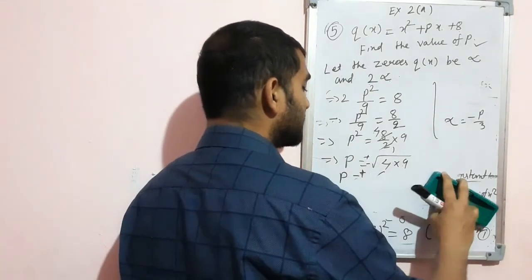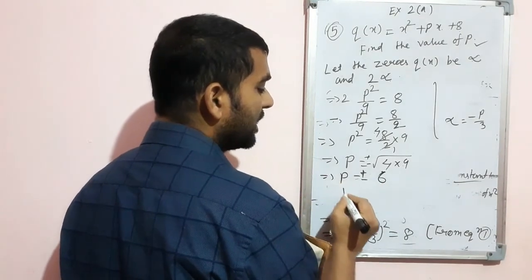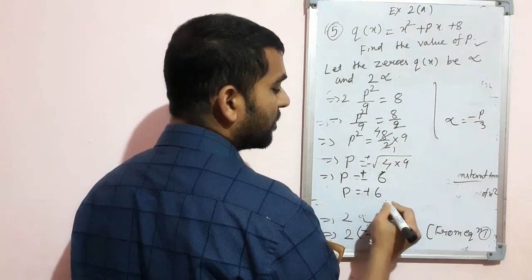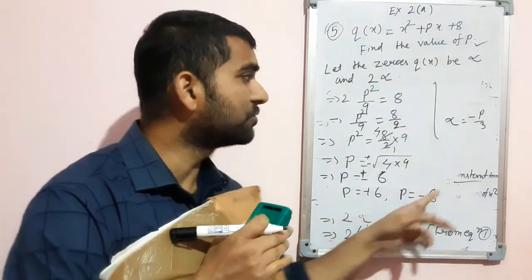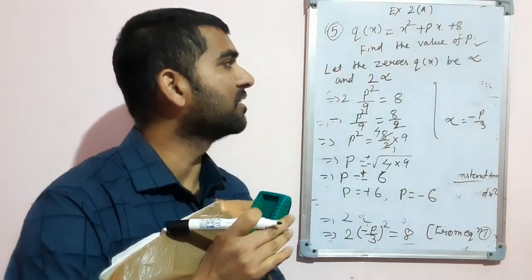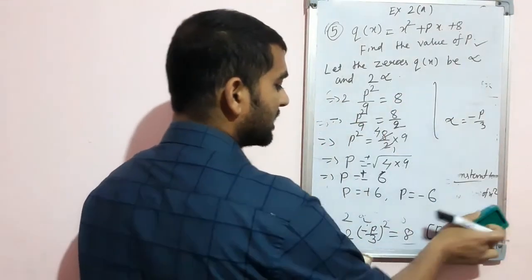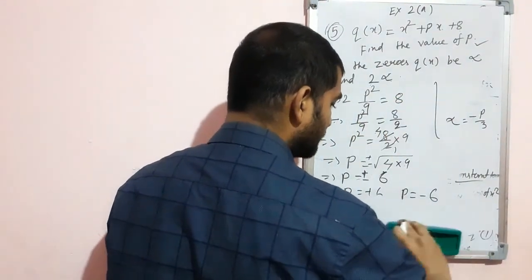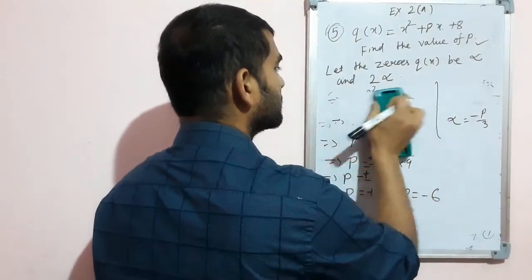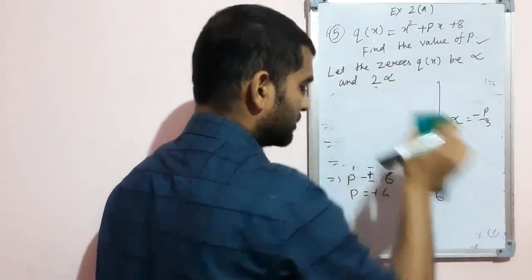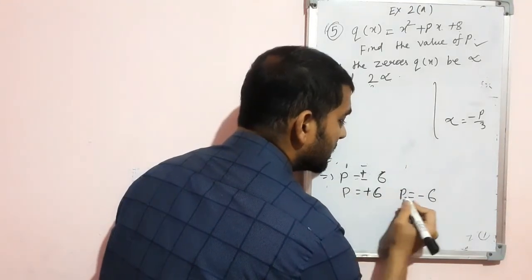Next step. p equal to plus 6 or p equal to minus 6. Now if there are two values of p, there will be different values of alpha and 2 alpha. So let us find out those values. Next step, we will write here plus 6, p minus 6.